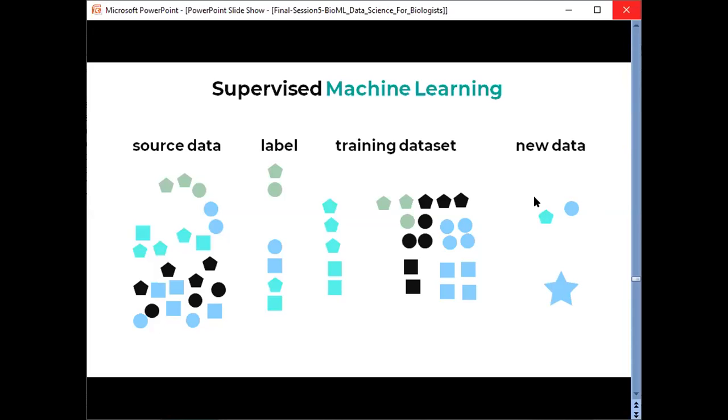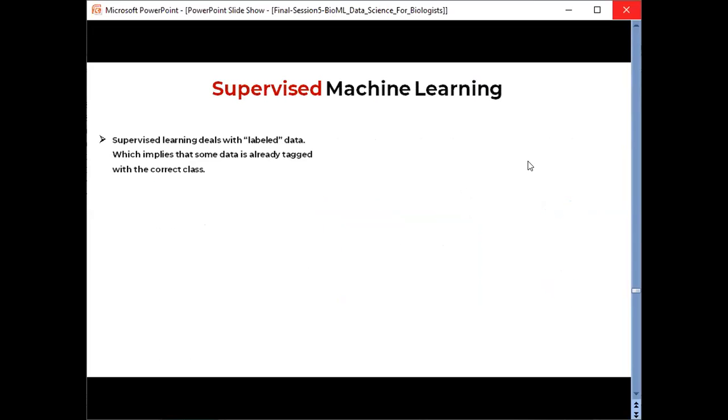Once the training or the learning is established, we call those models supervised machine learning models. The new data will be assigned the class that is present in the training data. What is the important aspect? Your features or the genes should be the same. Now, what is the training data?